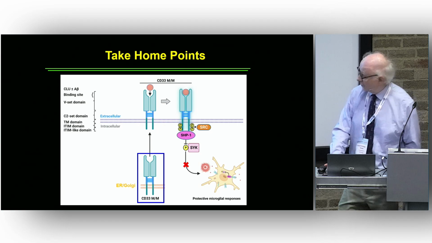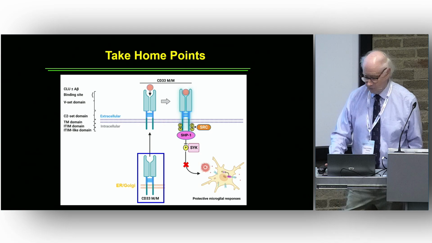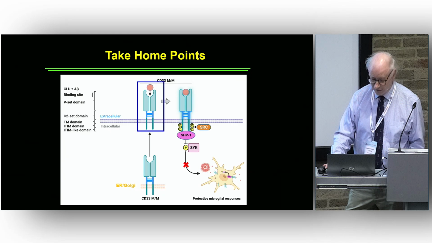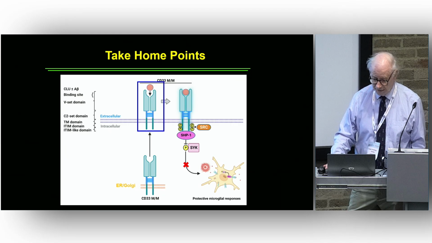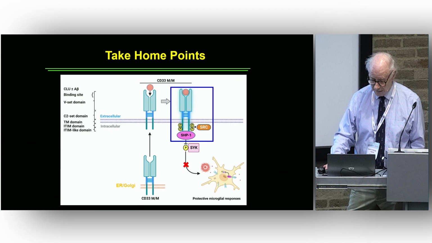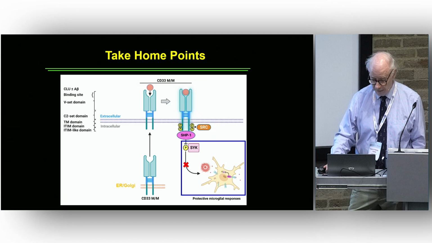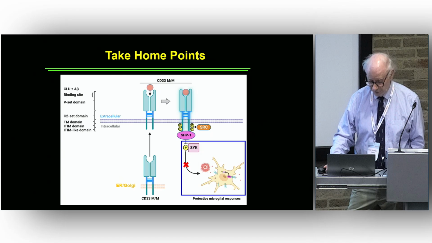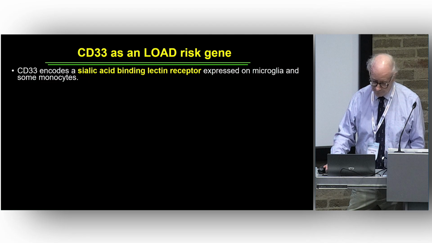So in cartoon form, the central message is that this long isoform of CD33 forms these dimers. The dimers are trafficked to the cell surface where they can engage with clusterin or clusterin and A beta, and this in turn activates an inhibitory signaling pathway which shuts down some of the protective microglial responses.